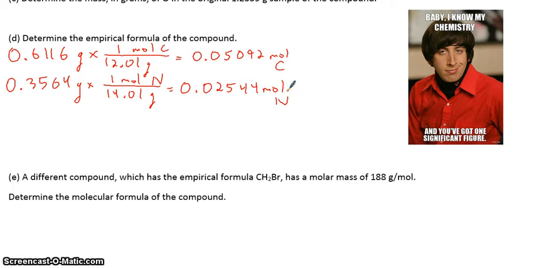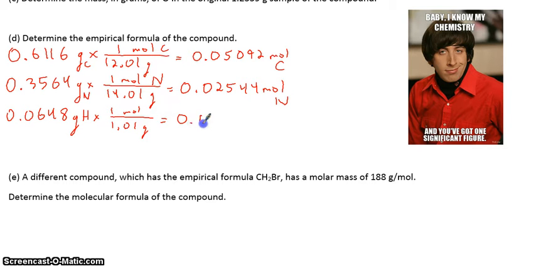Next, we have hydrogen. And of hydrogen, we had 0.0648. And I should really be labeling these. This is hydrogen, this is carbon, this is nitrogen. Hydrogen's mass, a mole of hydrogen is 1.01 grams. That gets us almost the same number.